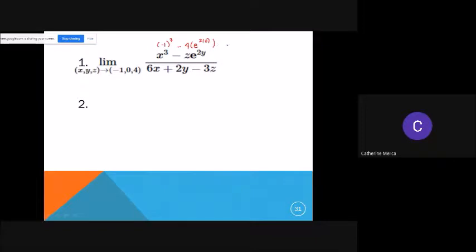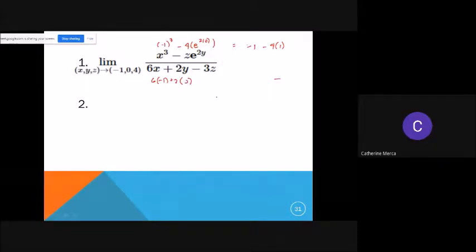So, sa taas, you will have -1 minus 4. You have e to the 0 will give you 1. Correct? And then sa ubos, let us see sa ubos. 6 times, you will have -1. X is -1. Plus 2 times, you will have y is 0.